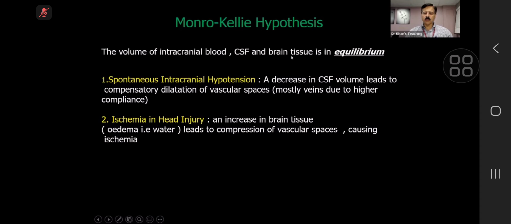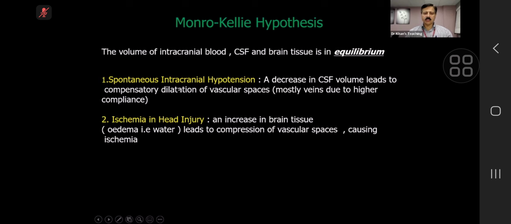The brain tissue is increasing. CSF cannot decrease because it is a liquid; you cannot compress a liquid. We know that from physics. So the vessels are going to be compressed, initially the veins because they have more compliance, and then the arteries. So the patient will then get ischemia.